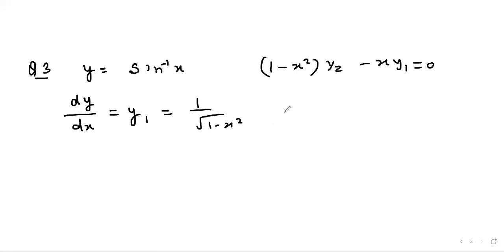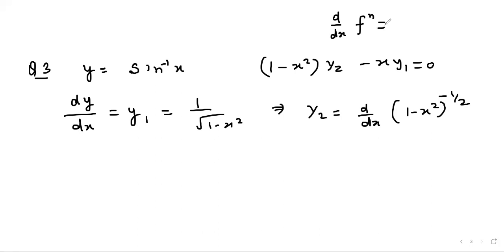Now we find the second derivative, that is y2, which will be equal to d upon dx of 1 minus x square whole power minus half. Then we apply the formula d upon dx of function power n, that becomes n times function power n minus 1 times d upon dx of function.